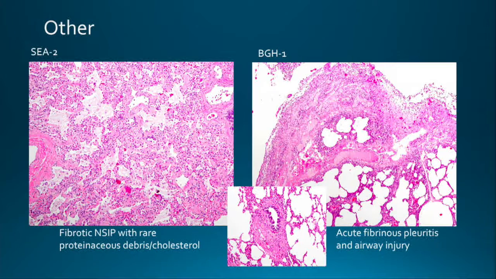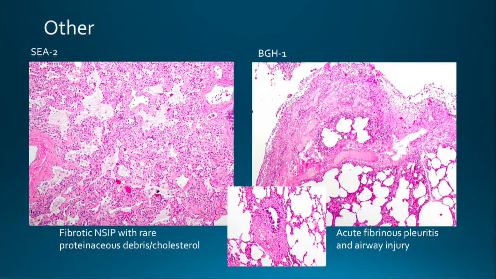And then also we're seeing things that we're not sure what the etiology is. Here's a case, again from Seattle, where we're seeing fibrotic interstitial disease, not what we call NSIP, nonspecific interstitial pneumonitis, where you're having diffuse interstitial expansion from fibrosis, which is why all the alveolar septae look thickened.